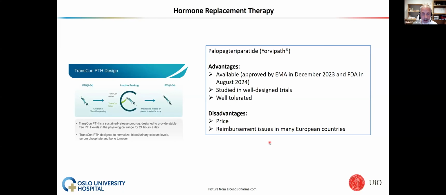It is available. It was approved by EMA in December 2023, and by the FDA in August 2024. It's studied in well-designed trials, and it seems to be well tolerated. There is a hefty price on this treatment, and there are also some reimbursement issues in many European countries regarding Yorvipath, which is the name.